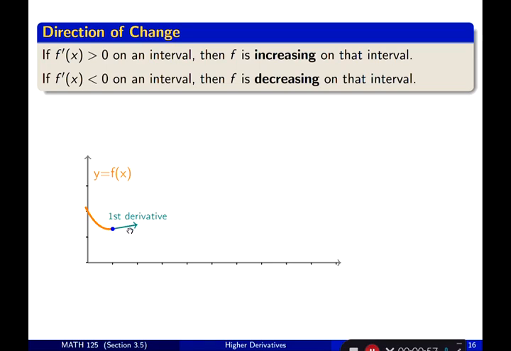We know that the slope of the tangent line comes from the first derivative. So when the first derivative is positive, this direction is upward, basically, and it stays positive. The function is going to increase like that.